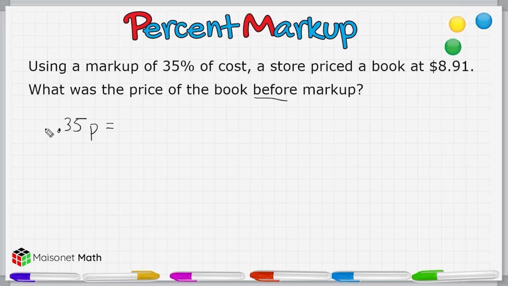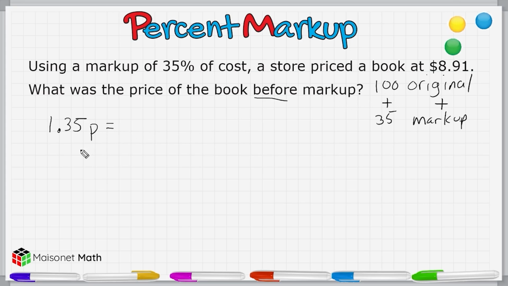So what we should do is just add a 1 here because this total price includes the original amount before being marked up plus whatever the markup is. The original cost is 100% or the total plus that 35% extra for a total of 135.